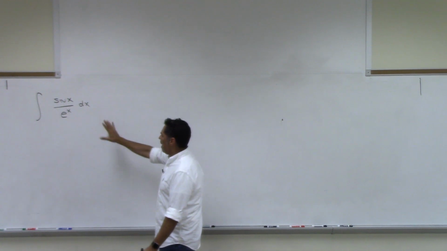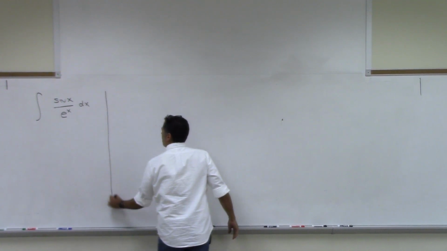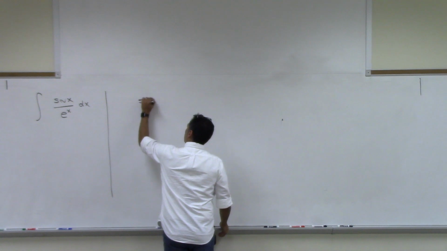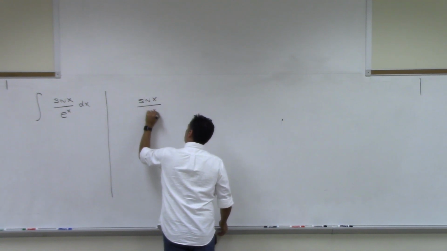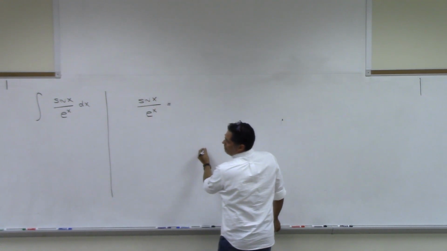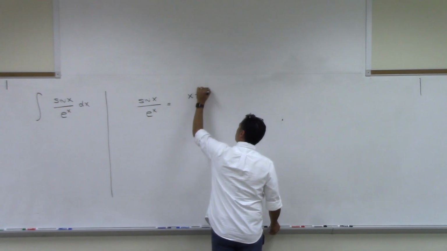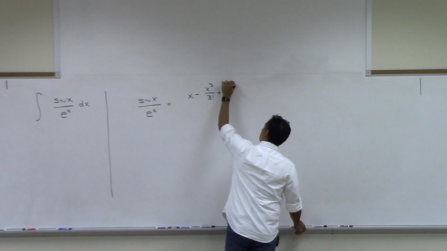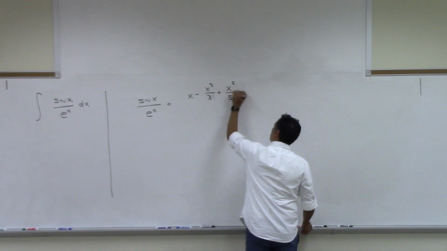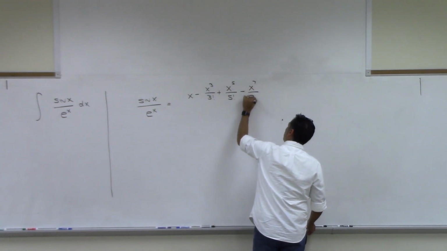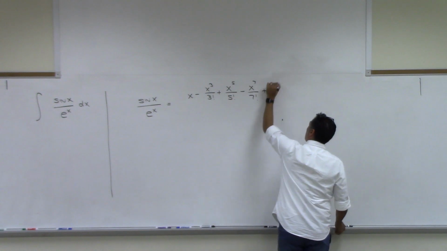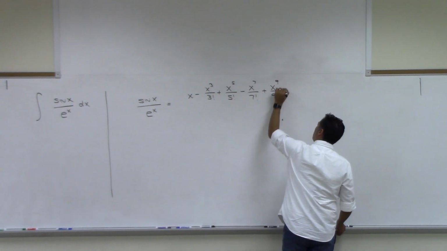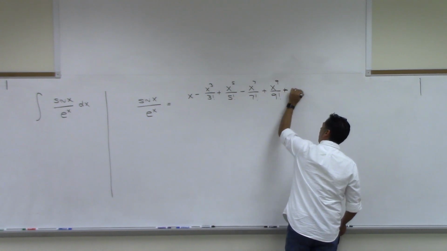So I'll come back to this. Let me write down what sine x over e to the x is. Sine x, the power series, right, is x minus x cubed over 3 factorial plus x to the 5th over 5 factorial minus x to the 7th over 7 factorial. One more, x to the 9th over 9 factorial plus dot, dot, dot, right?